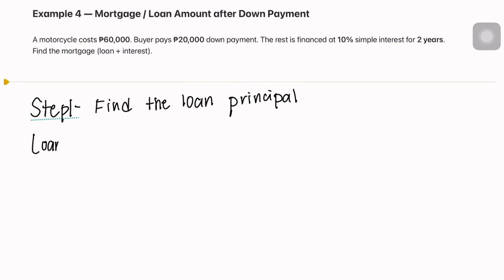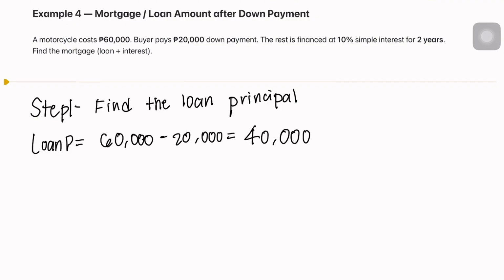How do we find the loan principal? We just have to subtract the down payment from the cost. So, the cost is 60,000 and the down payment is 20,000. So, subtract them, then it becomes 40,000. So, we're done with our step 1.